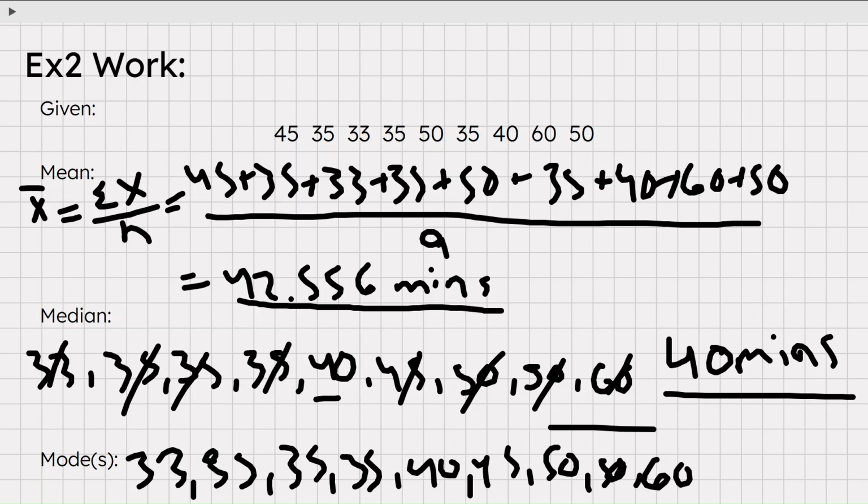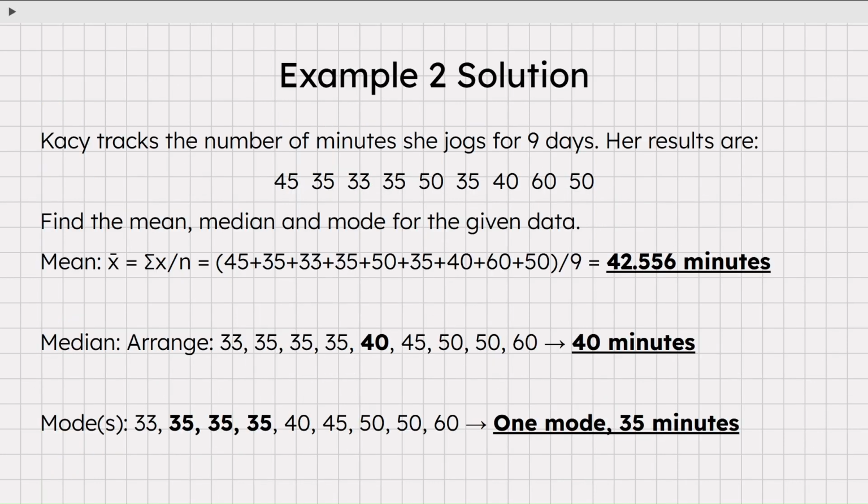Now, as we see here, 35 appears 3 times, which is our most frequent value. So 35 minutes would be our mode. Now let's check if we're correct. As we can see here, our mean is 42.556 minutes. Our median is 40 minutes, and our mode is 35 minutes. So we are correct.